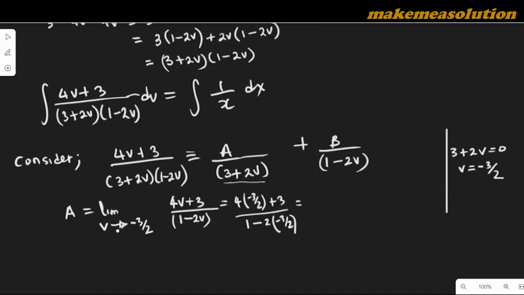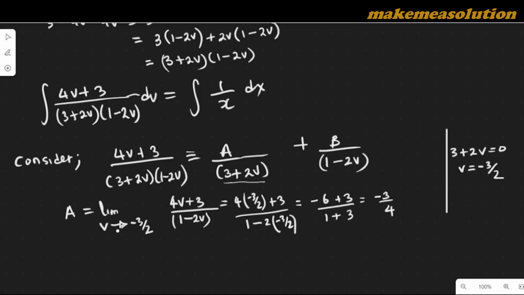So this gives me negative 6 plus 3 over 1 plus 3. Is that okay? So this gives me what? Negative 6 plus 3 is negative 3 over 4.